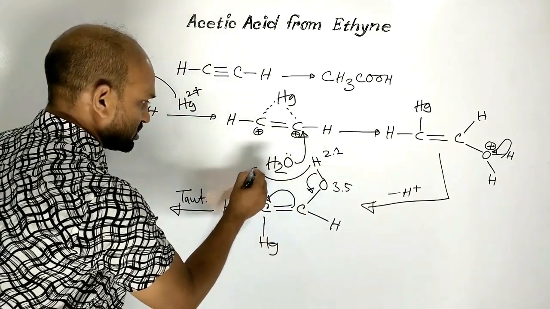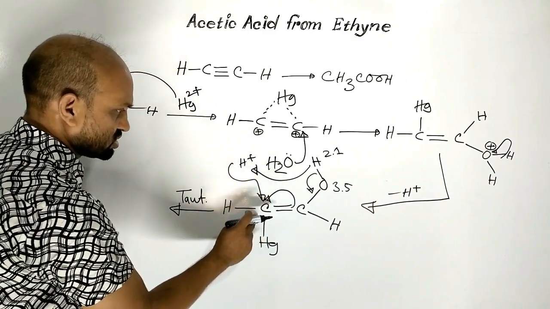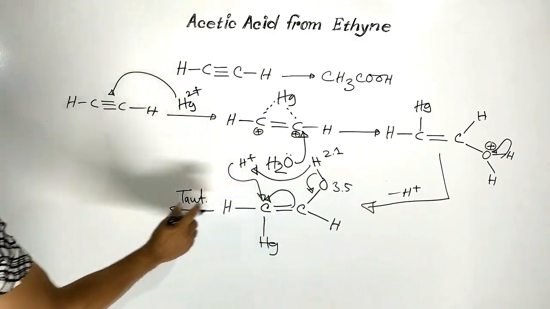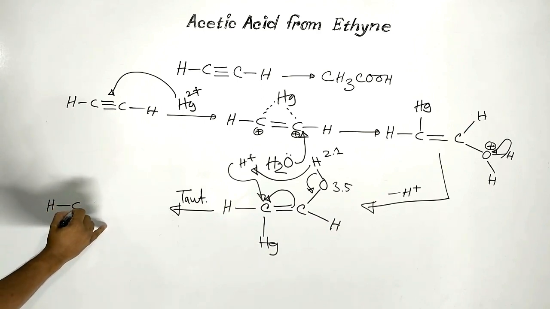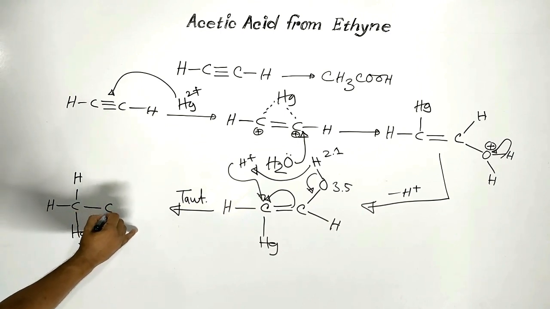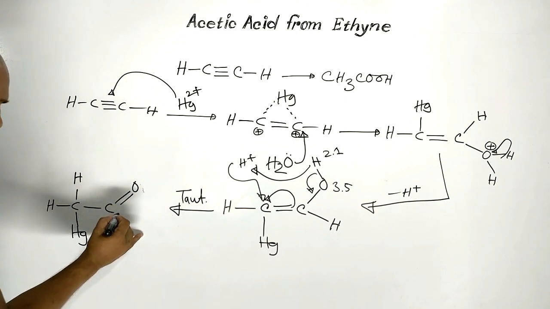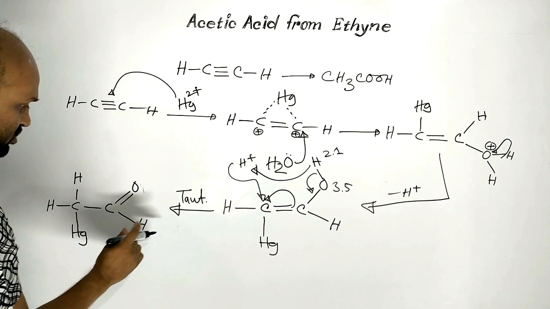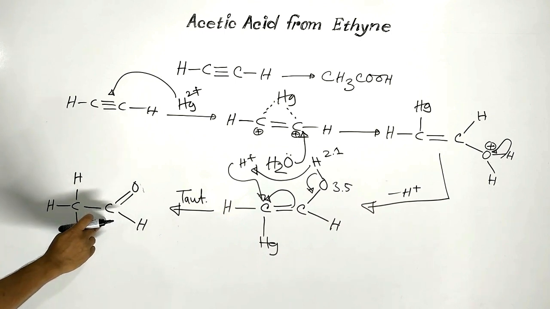This hydrogen gets freed as proton. This proton combines with this carbon. As a result, this is obtained: hydrogen, carbon, hydrogen, with this carbon, mercury, carbon-carbon single bond. Here carbon oxygen double bond, here hydrogen. This is obtained.